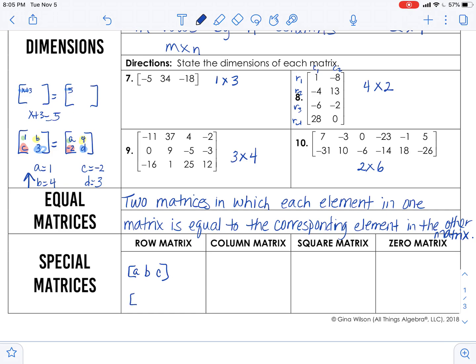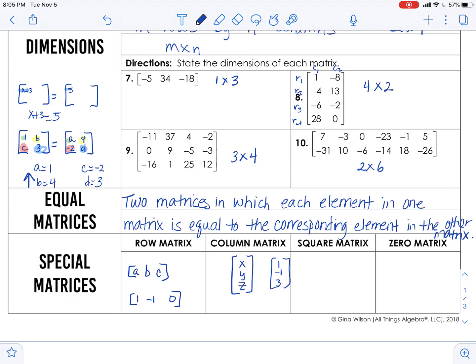Or if it had numbers in it, it could be like 1, -1, 0. Okay? The column matrix is just the opposite. Of course, it is a column, X, Y, Z, and when we're doing 3x3s, you'll see us use a column matrix. So an example would be like 1, -1, 3.